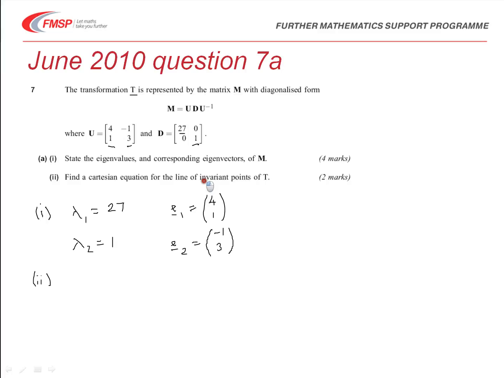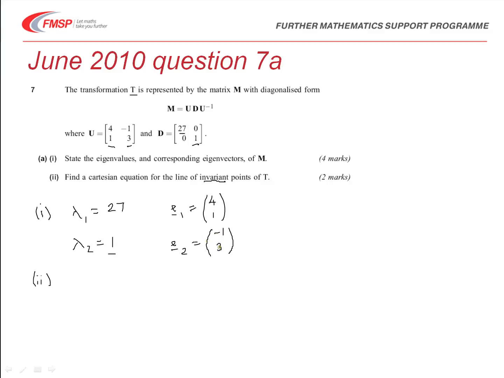So if the line has invariant points, every point is staying in the same place, which means the eigenvalue must be 1. And so the eigenvector associated with that eigenvalue is (-1, 3).